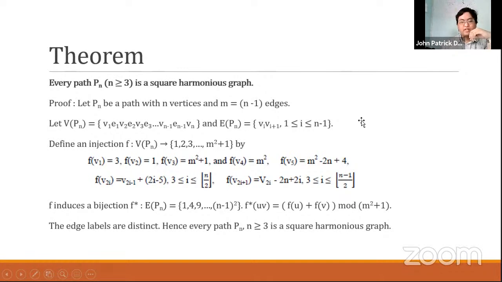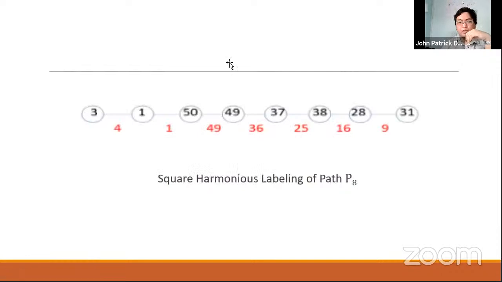So f induces a bijection from the edge set to 1, 4, 9 up to n minus 1 squared, where f star of uv is equal to f of u plus f of v modulo m squared plus 1. The edge labels are distinct, hence every path P sub n, n greater than 3, is a square harmonious graph. To visualize this theorem, here is a sample: square harmonious labeling of path P8.